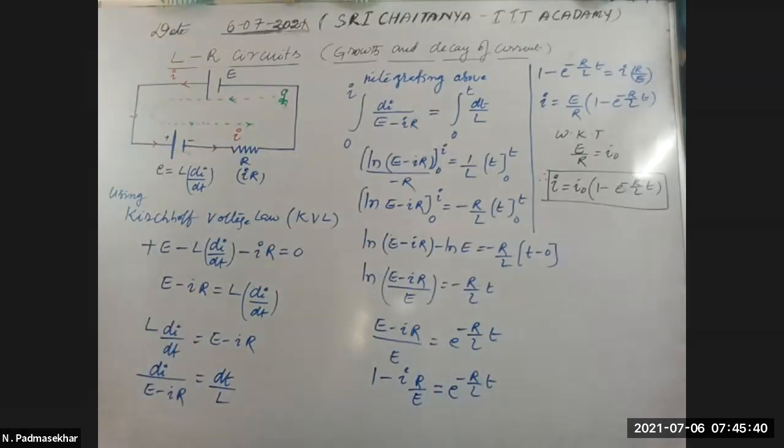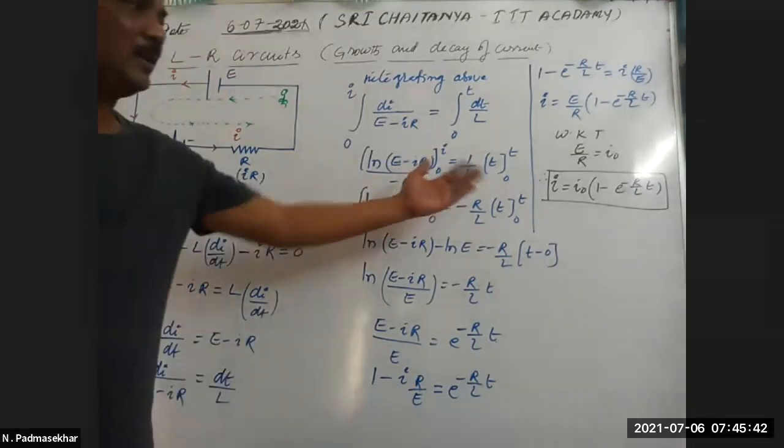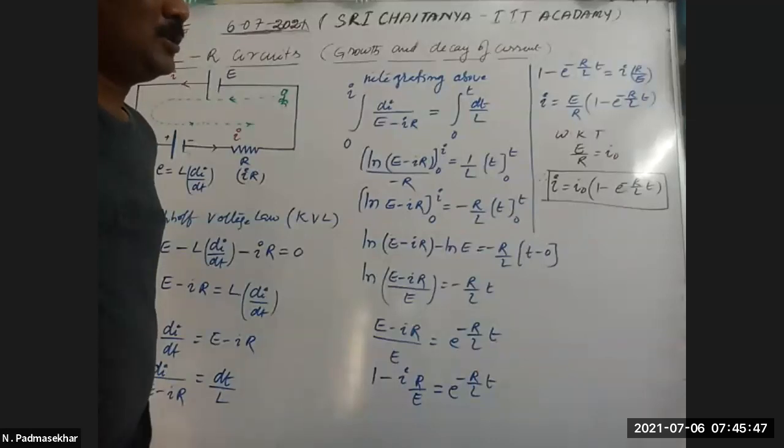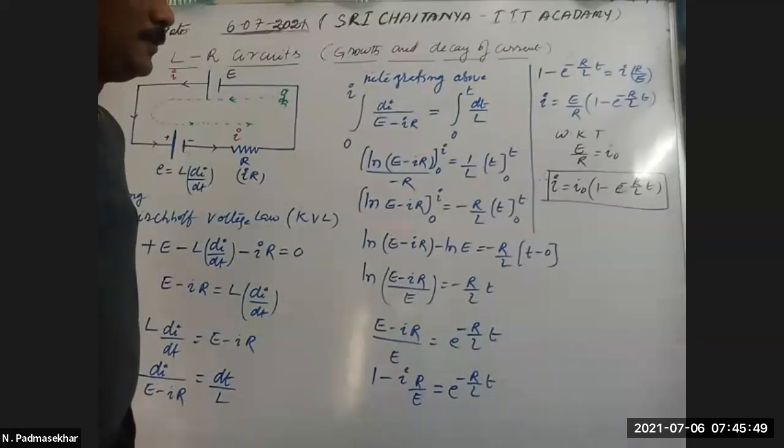At any time t, the current in that circuit is I is equal to I naught times 1 minus e to the power of −R/L into t.